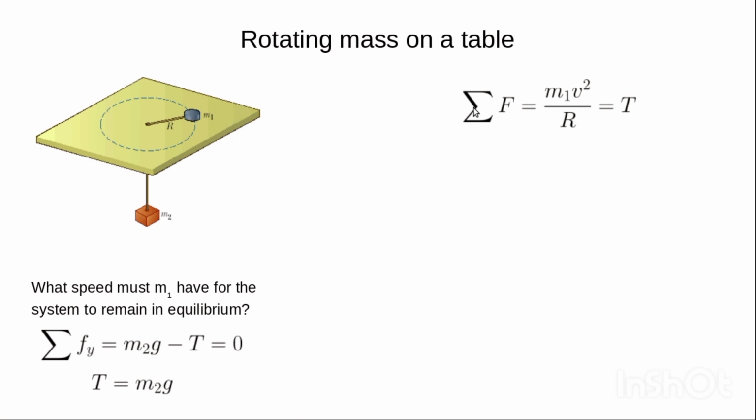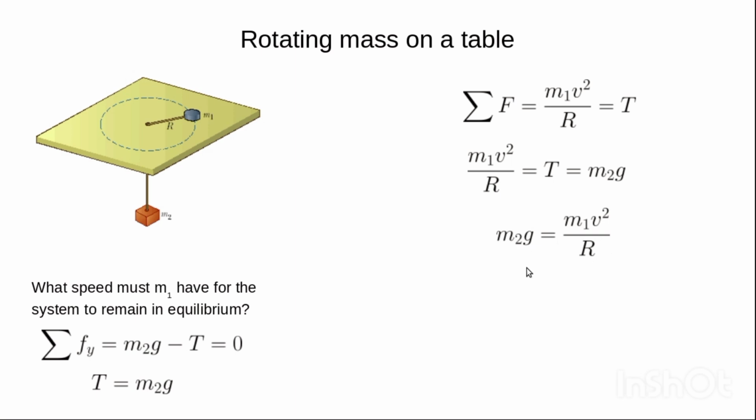Our m here is m1, and the only force acting towards the center is the tension, because the tension in this string also corresponds to the tension in the other one. So for that case, we have this expression. But we have established that T equals m2g. Then we can replace our T here with m2g, and we get m1v squared all over r equal to T, equal to m2g. So we are no longer interested in T; we'll just equate these two. Now we have m2g equal to m1v squared all over r.